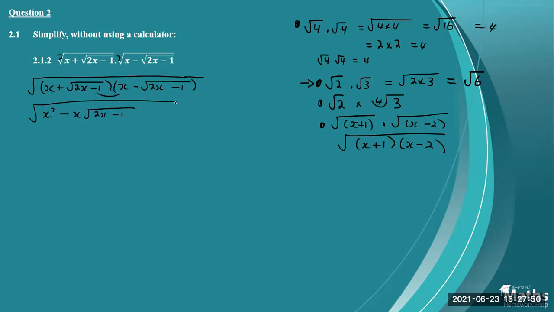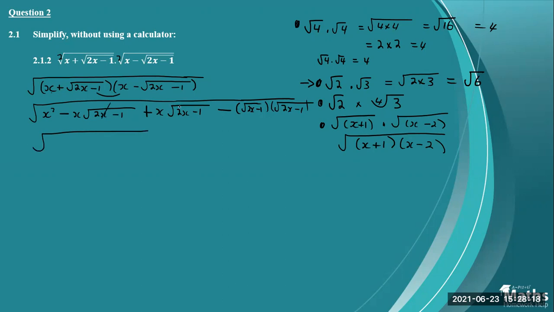Then the inside middle will be plus x times the square root of 2x minus 1. And then the last, positive and negative, is a negative square root of 2x minus 1 times the same one, 2x minus 1.